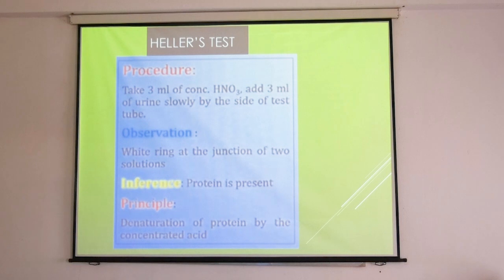The two liquids come in contact, and there will be a whitish ring or precipitate at the junction of the nitric acid and the urine. This whitish ring is due to denaturation of protein. So what is denaturation of protein?